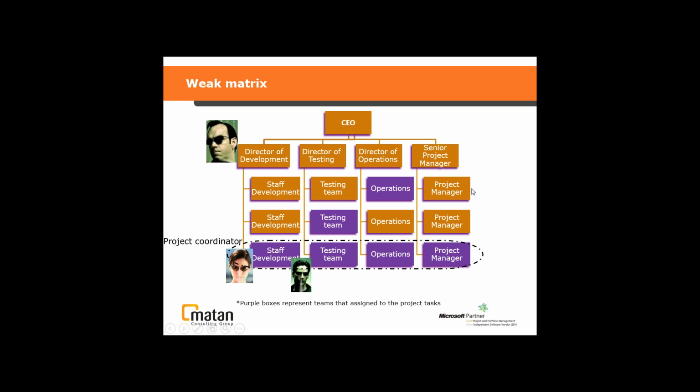So in this organization type, you can see that the person who's really stronger here is the functional area manager, and the coordinator isn't really in charge. He is more of a coordinator.